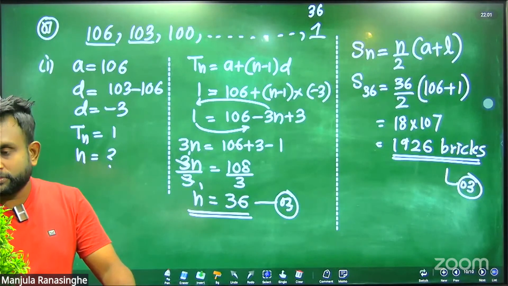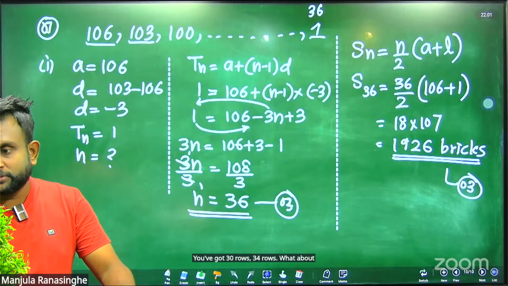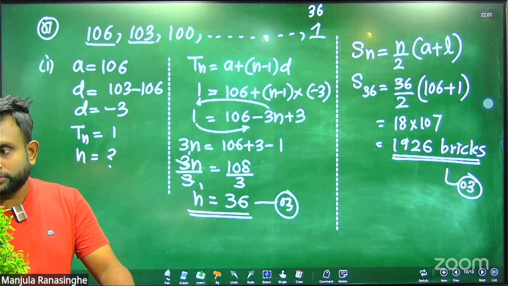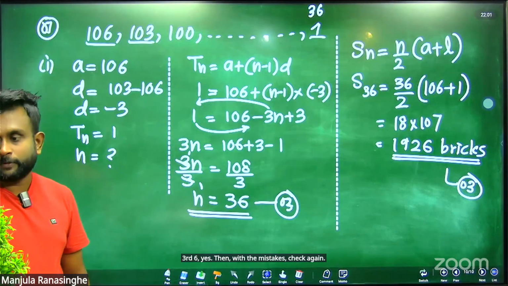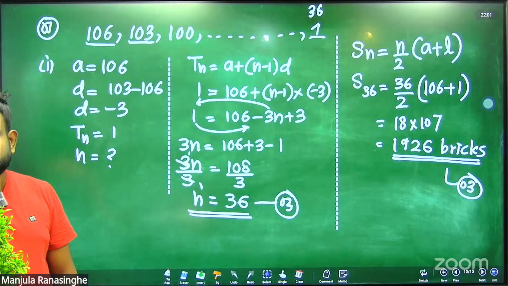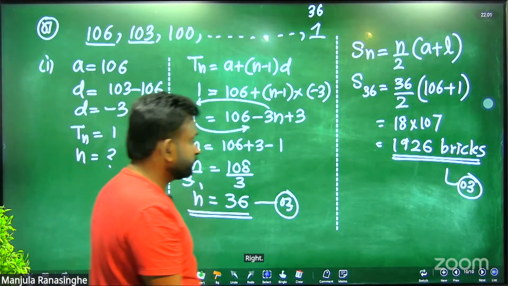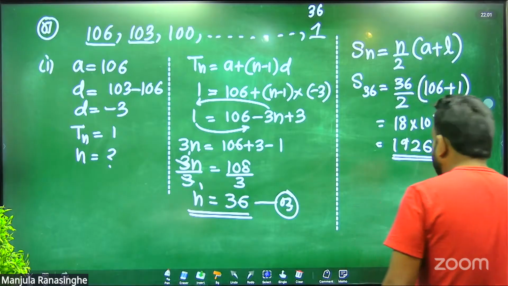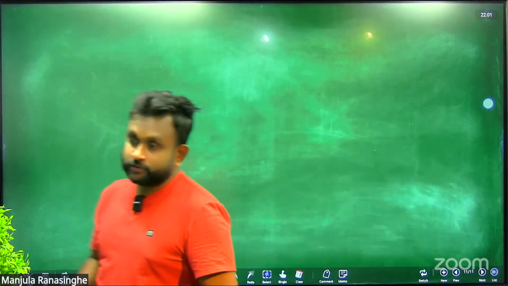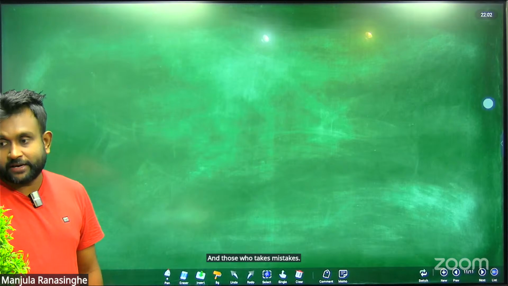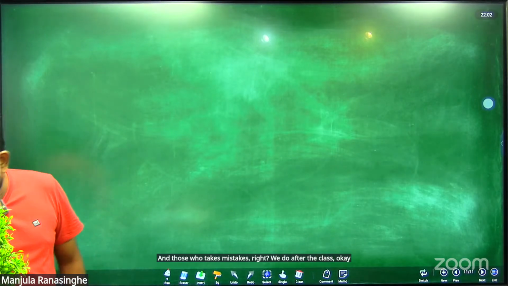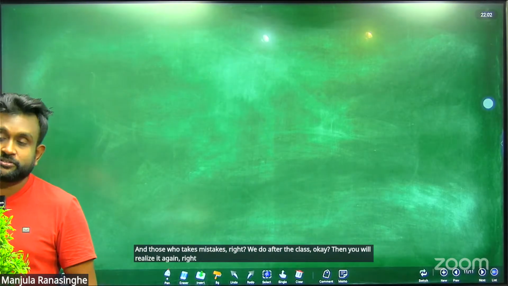You got 30 rows, 34 rows. What about others? Is this 36 or 34? 36, yes. Then with the mistakes, check again. Those who made mistakes, redo it after the class. Then you will realize it again.